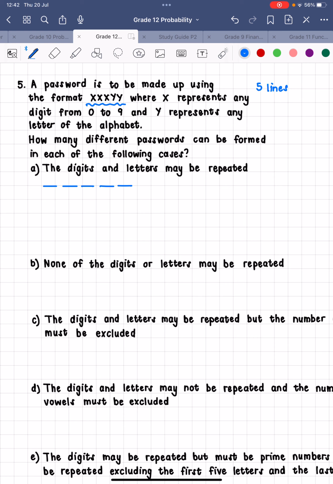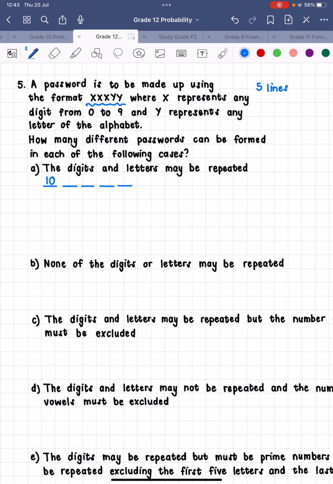Alright, how many numbers are there from 0 to 9? That's 10. Okay? Because remember we're counting 0 as well. So it's 0, 1, 2, 3, 4, 5 to 9, so that's 10. So for the first X, we have 10 options. Now guys, we can use the same number more than once.